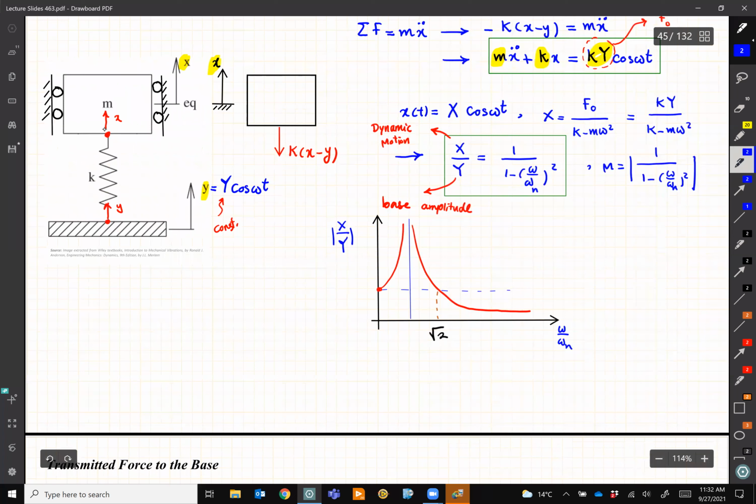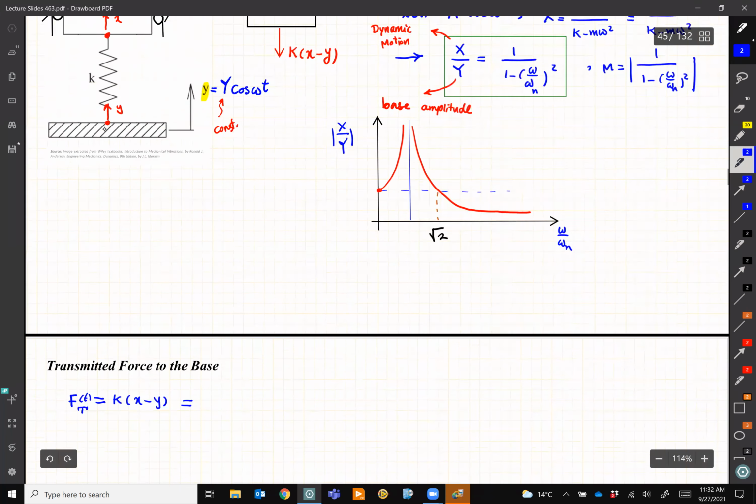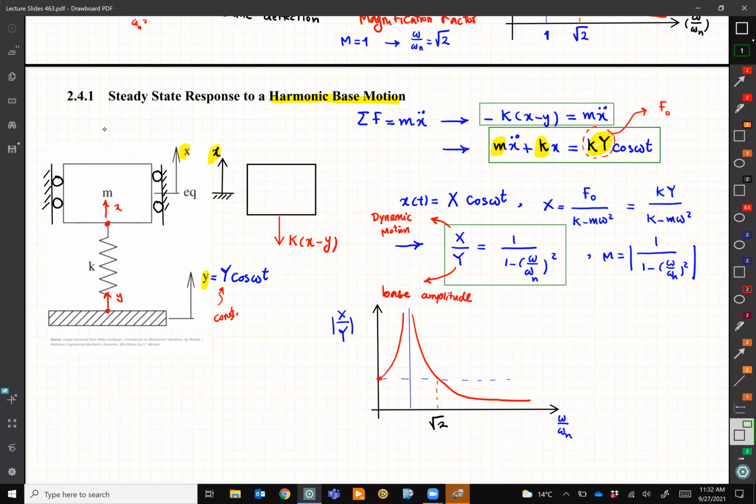The force in this spring is K stiffness multiplied by deflection, and deflection, you know, is x minus y. So this K(x minus y), I just showed here in this equation for you, is equal to m x double dot. Right here, K(x minus y) is m x double dot.